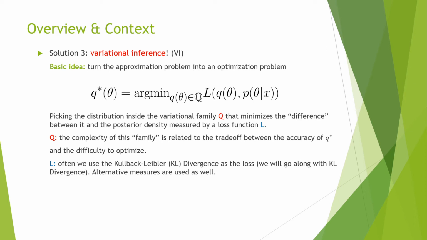We will give a concrete example of a variational family in the following slides. The second concept is a loss function. The idea is that we want to assess the similarities or the distances between two probability distributions. You might immediately see that the KL divergence is a good choice, and it is exactly what we are about to use here. But it's also worth noting that some alternative measures can be used as well in certain scenarios.